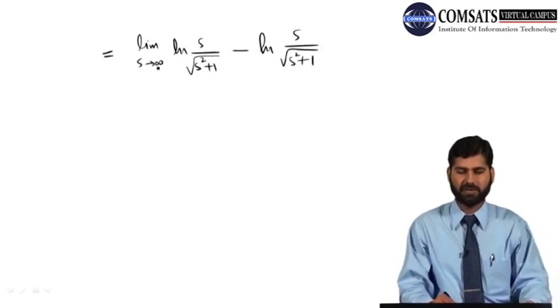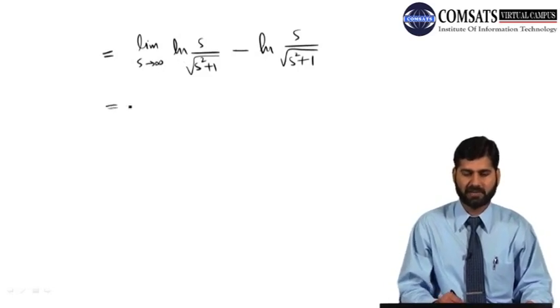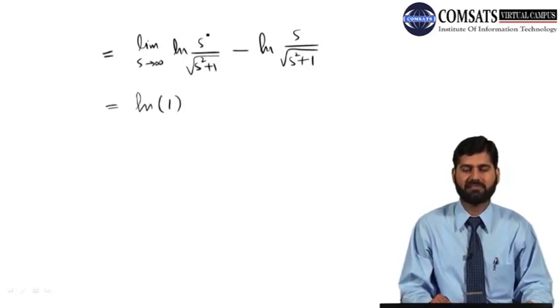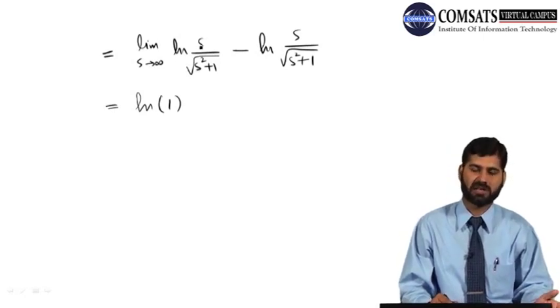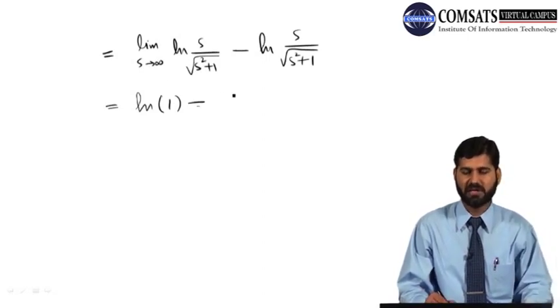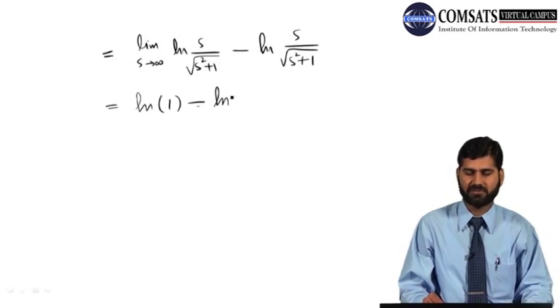Now here, if you take the limit inside the log, it is 1, of course. The limit of the inside is 1 because in the numerator the degree of s is 1, in the denominator the degree of s is 1, and their coefficients are 1 as well. So if you divide by s throughout and take the limit, you will get 1, and log of 1 is 0. Right?